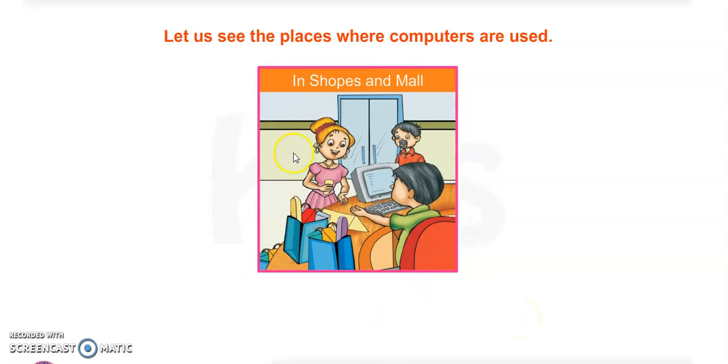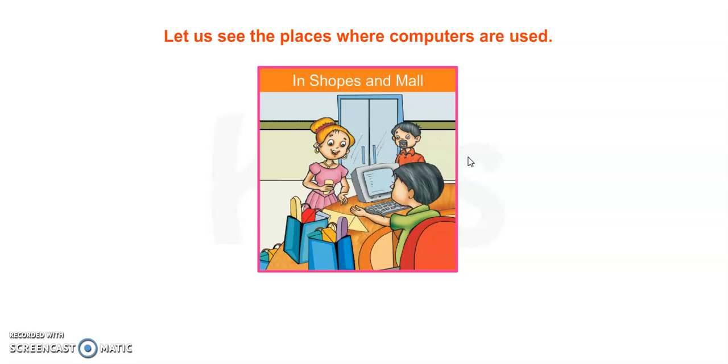Next, places like shops and malls. If you are going with your parents to any shop or mall, you can see computers are used for many purposes, for keeping records of items.